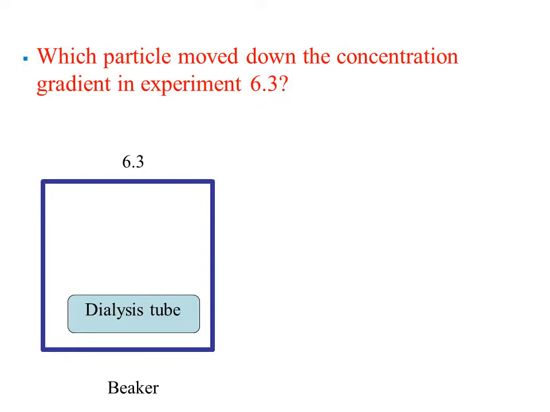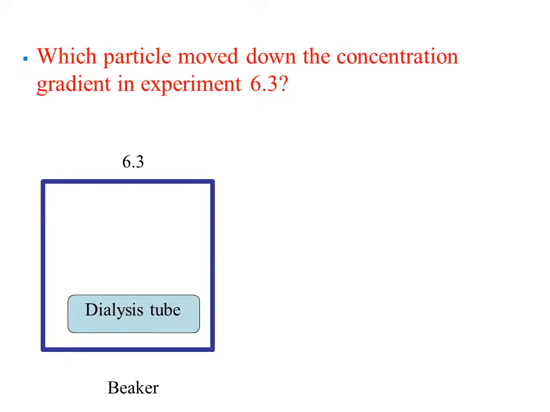So remember, in this experiment, you had a beaker that had water in it. You created this dialysis tube that also had water in it. But additionally to the water, you had a carbohydrate. You then placed iodine into the beaker.